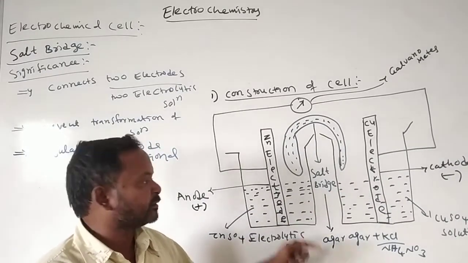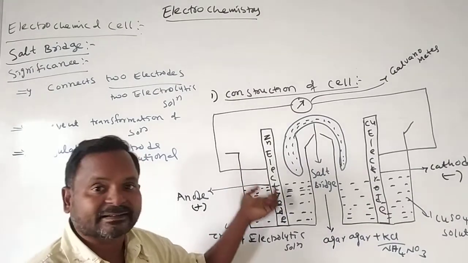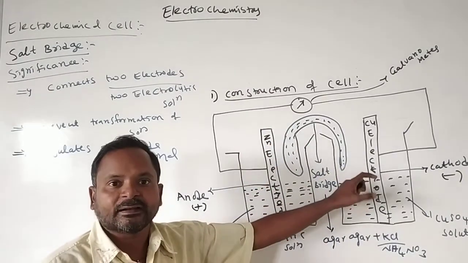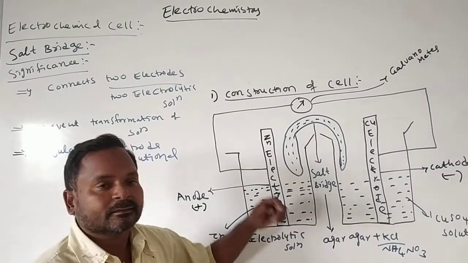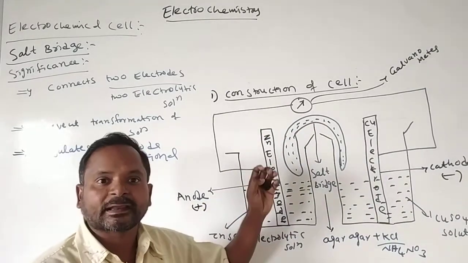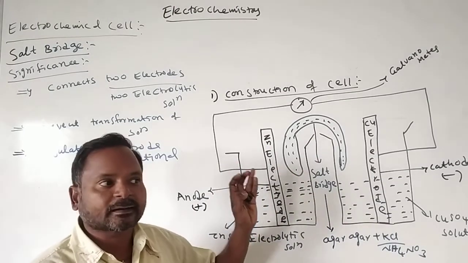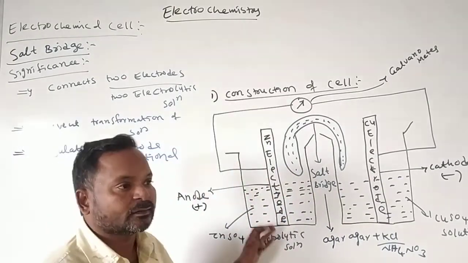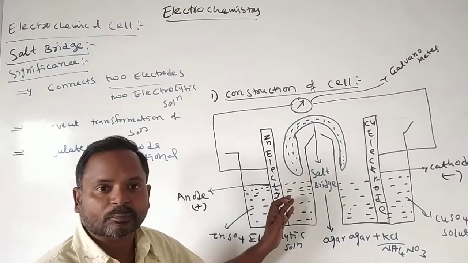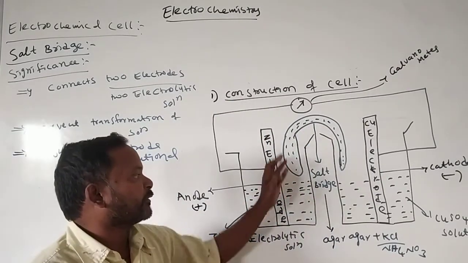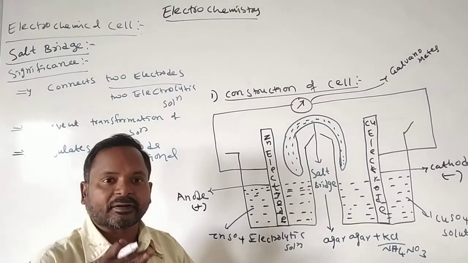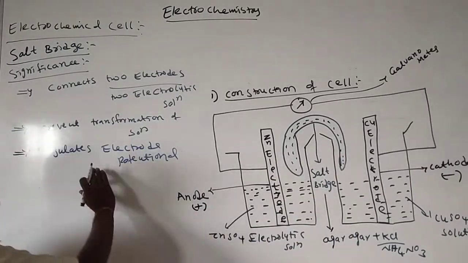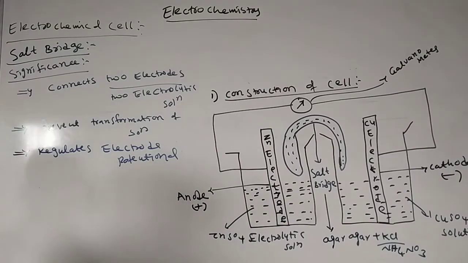Otherwise, the electrode potential increases at the zinc electrode and decreases at the copper electrode, so the galvanic cell does not work properly. For regulating the electrode potential, we use the salt bridge.